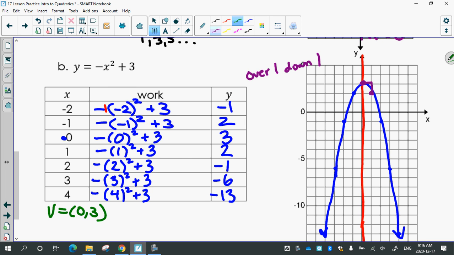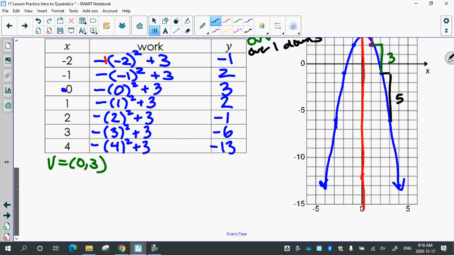And our second step is over 1, down 3. And our next step is over 1, down 5. And then our next one is over 1, down 7.